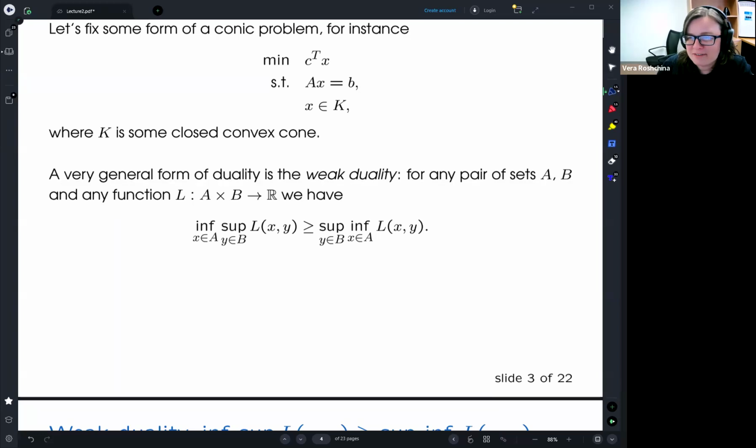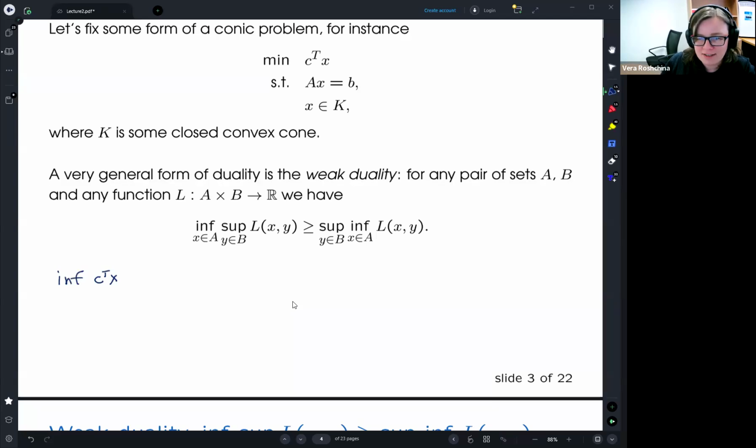So first of all, I look at my problem and I'm going to rewrite it as an infimum and supremum. First, let's replace minimum with infimum. If the minimum is attained, it doesn't matter, but sometimes it's not, and I'm going to talk about this soon.